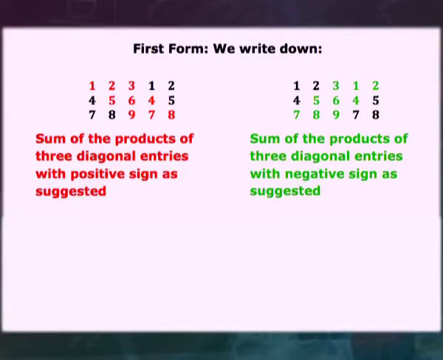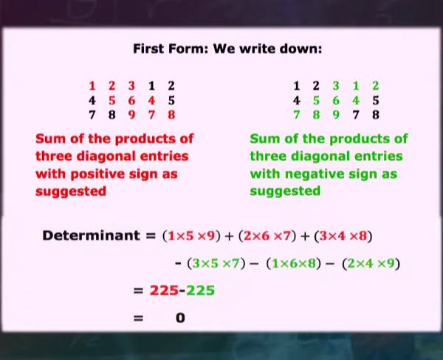First form, we write down determinant equal to 1 multiplied by 5 multiplied by 9 plus 2 multiplied by 6 multiplied by 7 plus 3 multiplied by 4 multiplied by 8 minus 3 multiplied by 5 multiplied by 7 minus 1 multiplied by 6 multiplied by 8 minus 2 multiplied by 4 multiplied by 9, which is equal to 225 minus 225, which is equal to 0.